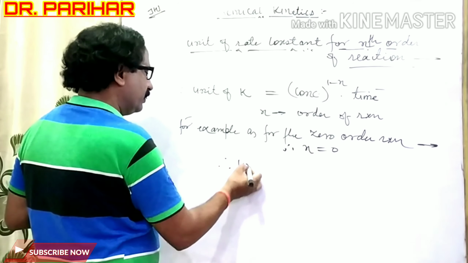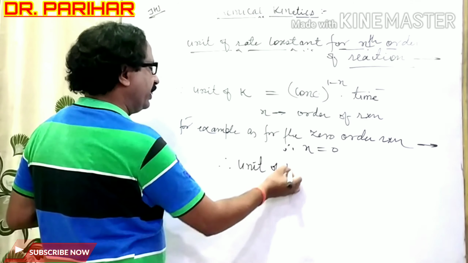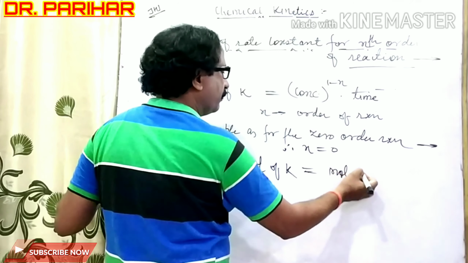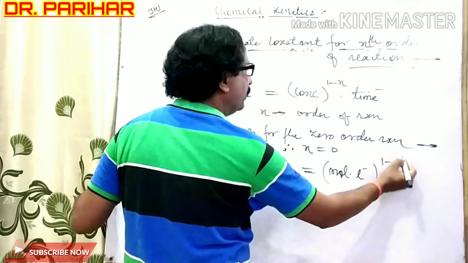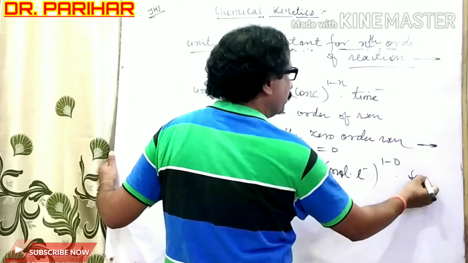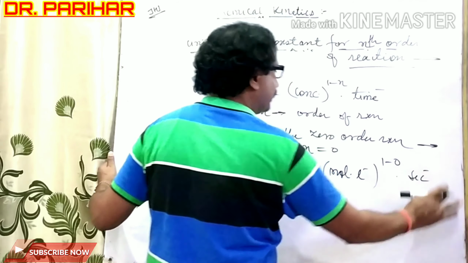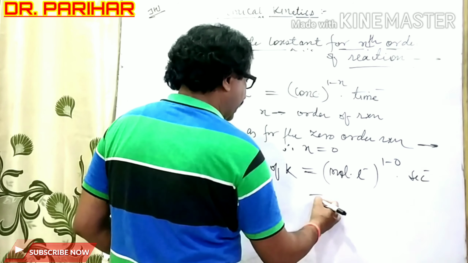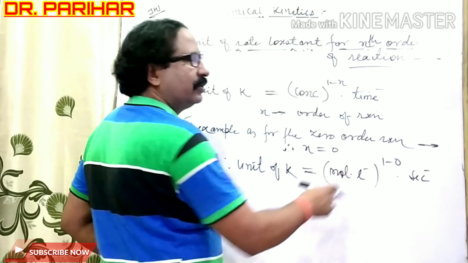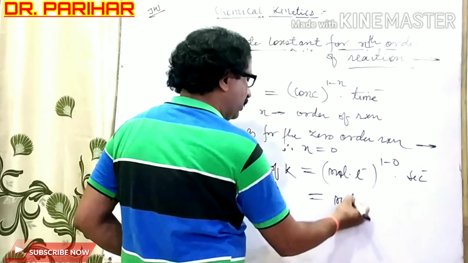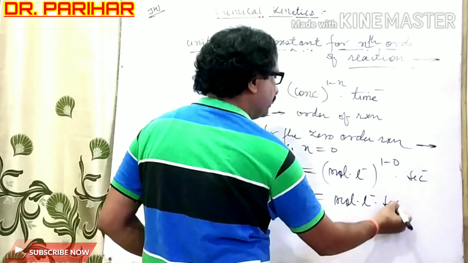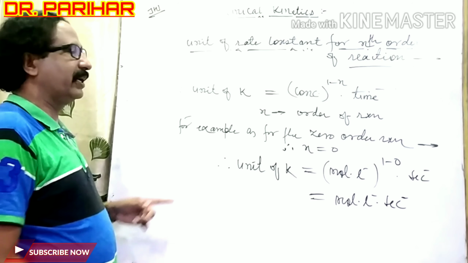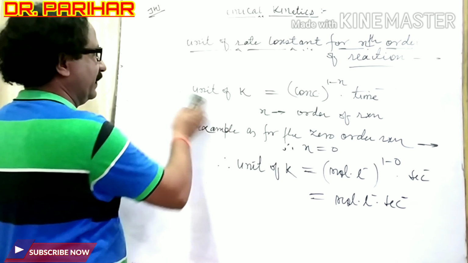Therefore unit of K, unit of concentration, mole into liter inverse to power 1 minus 0 into second inverse. Time, and the unit of time is taken in second. That is equal to, here n is equal to 0, mole into liter inverse into second inverse. This is the unit of rate constant for zero order reaction.